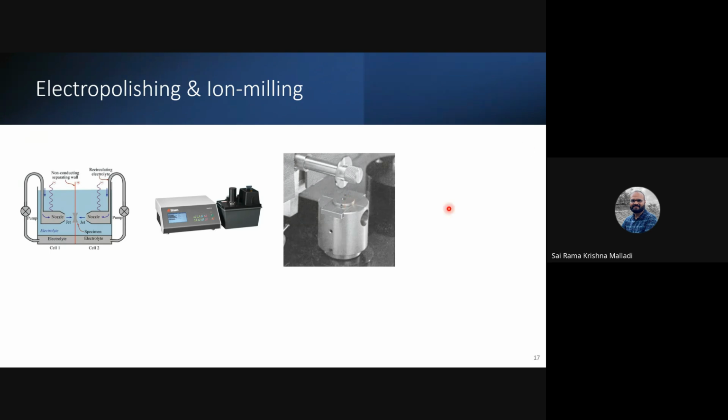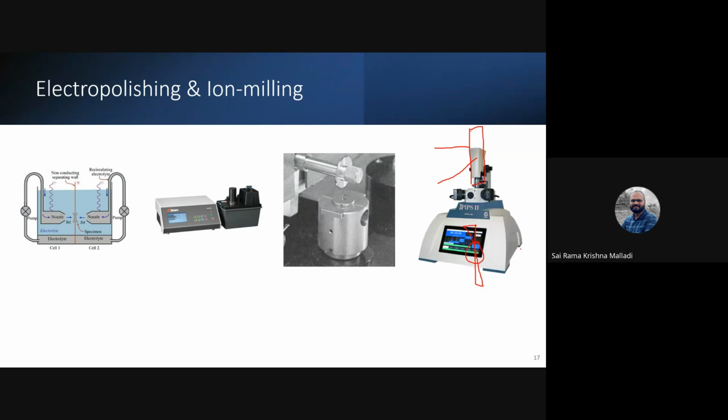So essentially, if you imagine a thin cylindrical specimen like this, either by ion milling or by electropolishing, I have to make a small hole inside the sample. So this region now becomes electron transparent. If I look at an ion mill, this is how the sample looks.